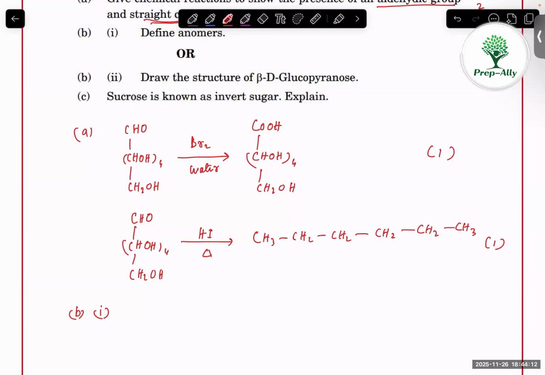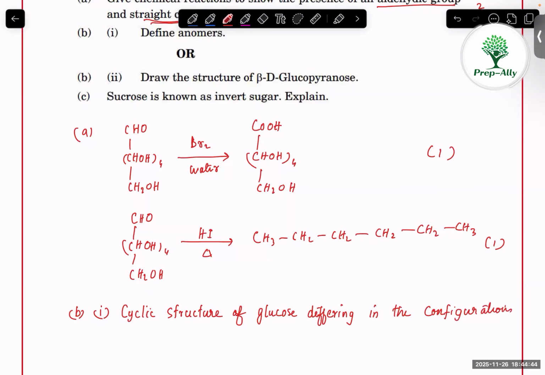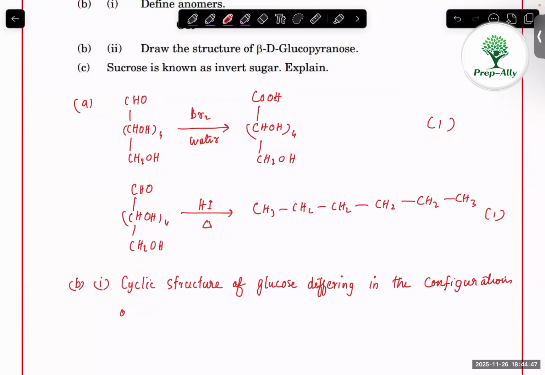When the question is about defining anomer, just define what an anomer is. Anomer is basically, in the cyclic structure, or you can write in the pyranose form of glucose, differing in the configurations of the C1 OH group.